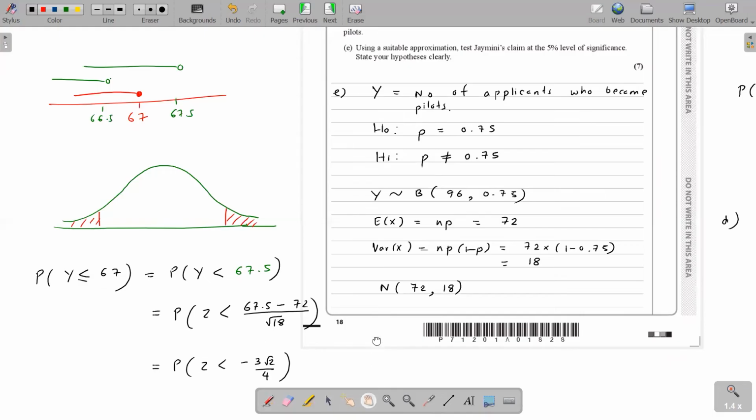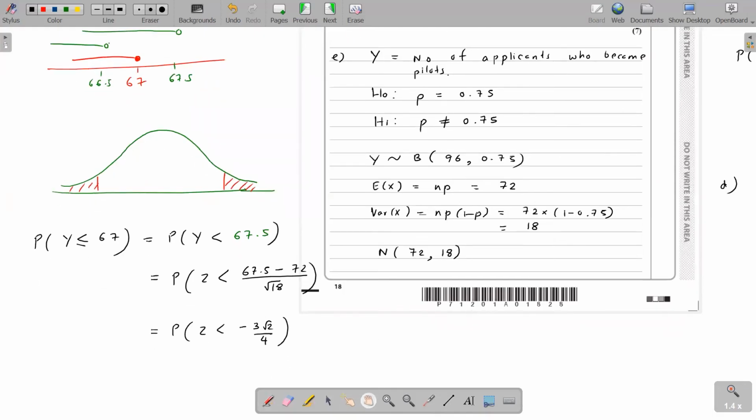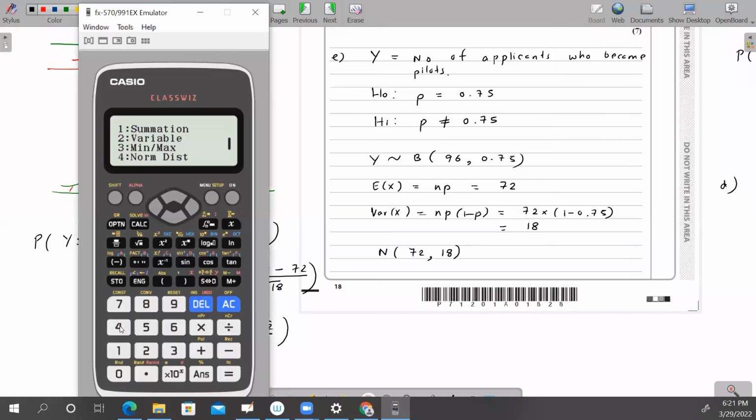Okay, so let's type this in the calculator. You can give the value directly in the calculator and get the probability behind. Let me show how I come here again. In this particular calculator, I go to statistics. Different calculators have different options for getting it. So I go to normal distribution and give the p-value here.